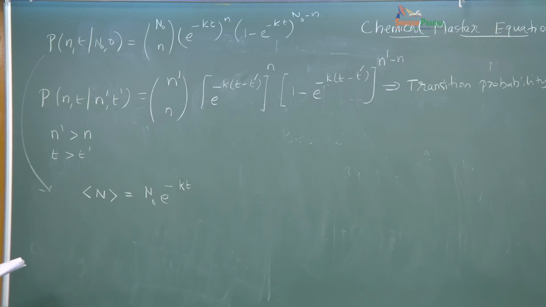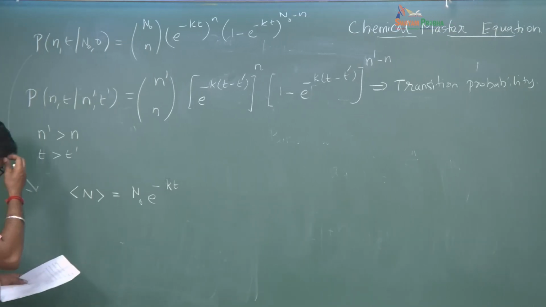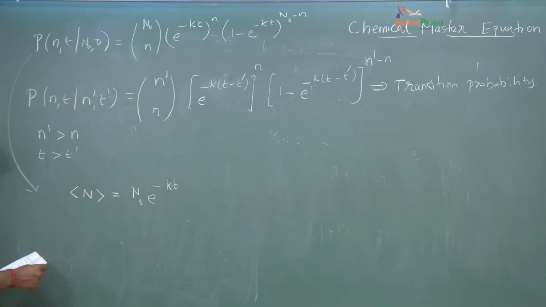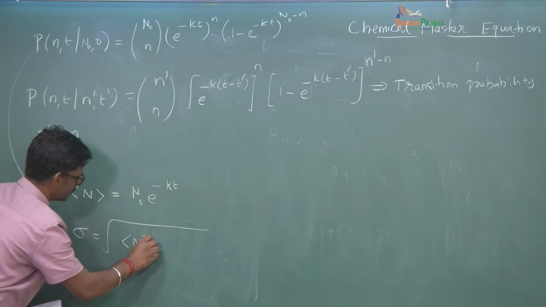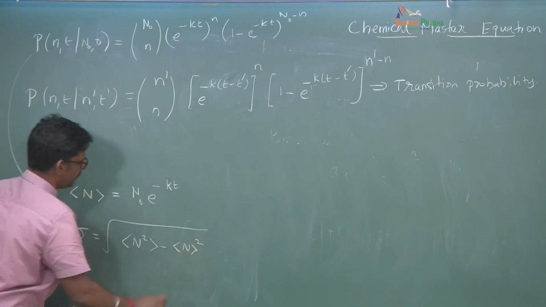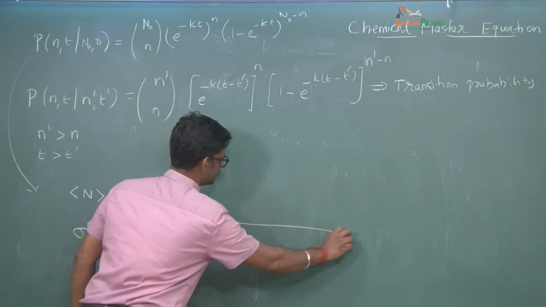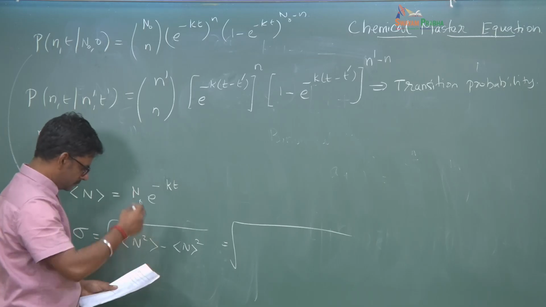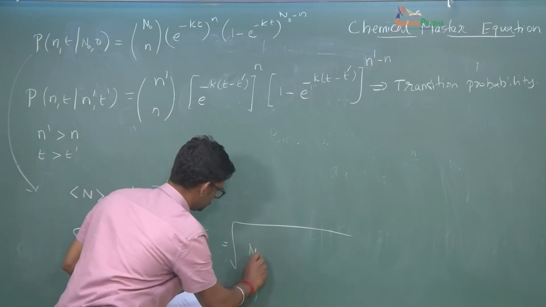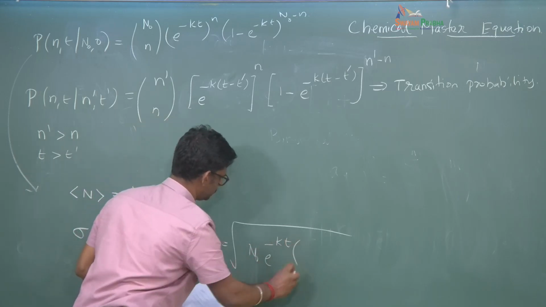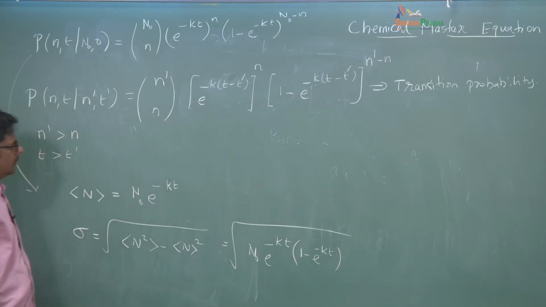And then the standard deviation is the square root of the mean square minus the square of the mean. This is the standard deviation.